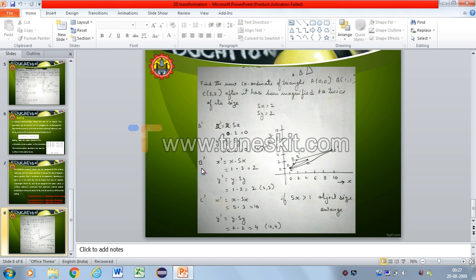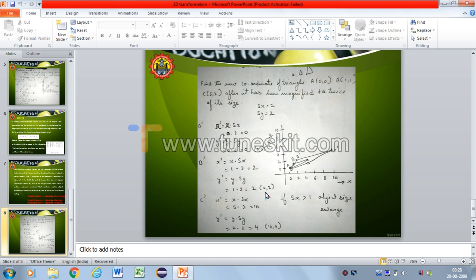Now apply the scaling transformation on B. B dash has coordinates x dash and y dash. How will x dash come? Your original x is multiplied by the scaling factor Sx. Now in this equation for B dash, x is 1, scaling factor is 2, 1 into 2 is 2, and y dash is y into Sy, original y is 1, 1 into 2 is 2.